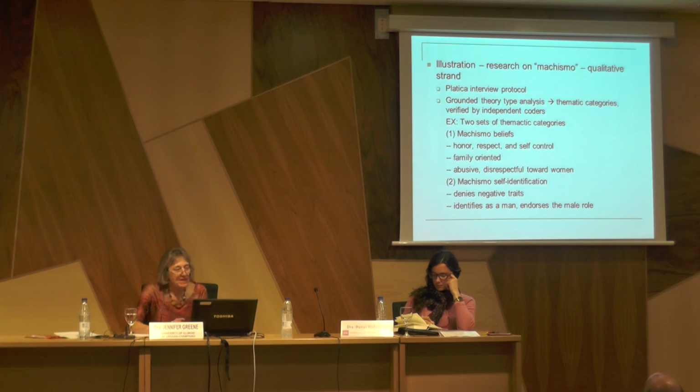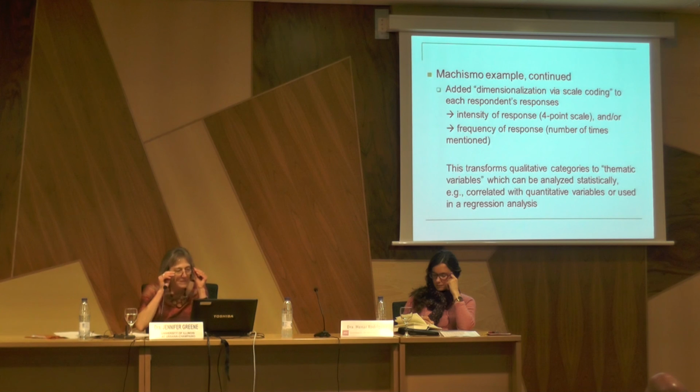So the next stage is some kind of transformation or conversion of these data. In this example, they quantified these data in 2 ways. They added a dimensionalization by a scale coding to each respondent's responses. So the first way was to make a judgment about the intensity of the response on a 4-point scale.